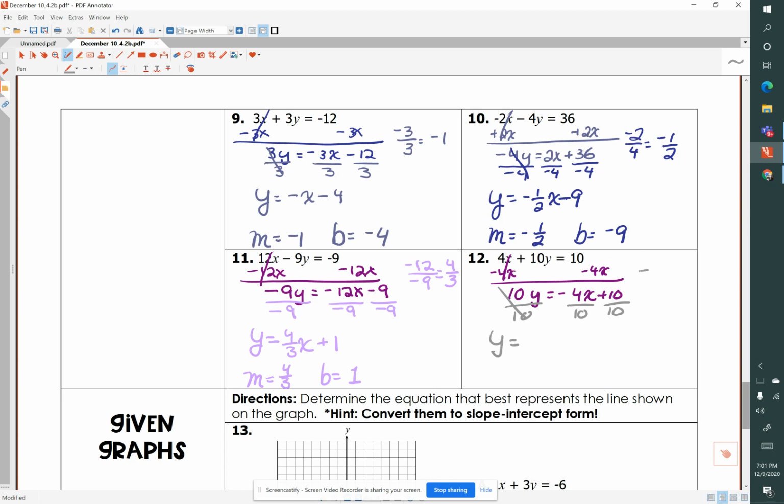Again, -4 divided by 10, both those numbers are divisible by 2, so that would be -2/5. We simplify fractions, we do not convert them to mixed numbers. So improper fractions are okay, but we do simplify as much as we can. So that would be -2/5 x, and plus 10 divided by 10 is 1. So our m equals -2/5, and our b value is 1.